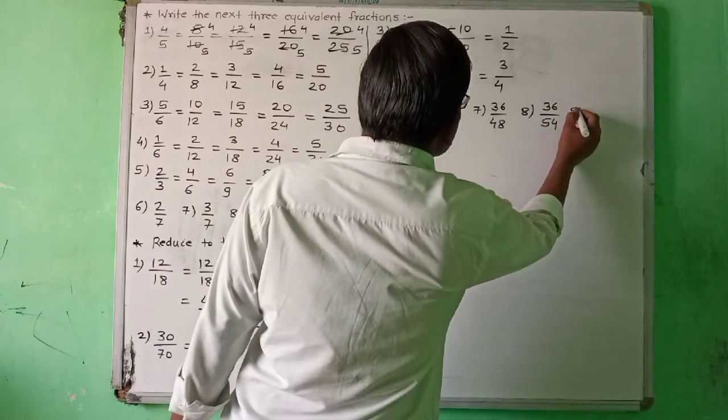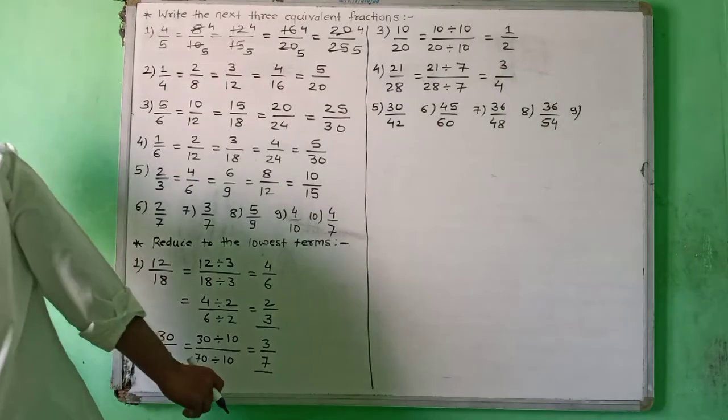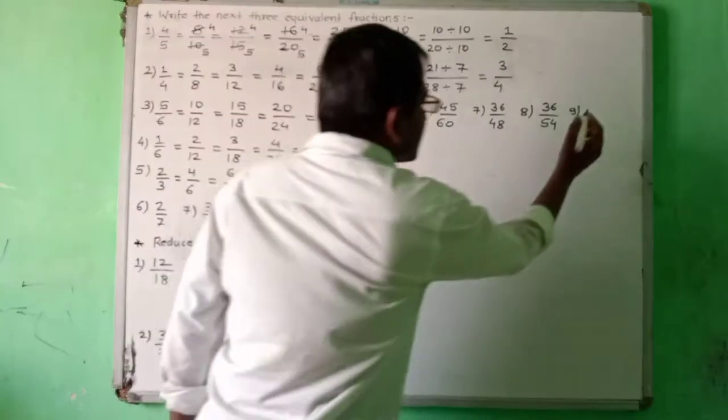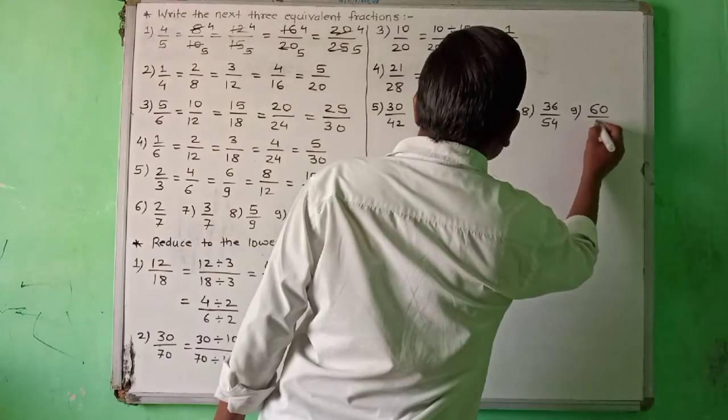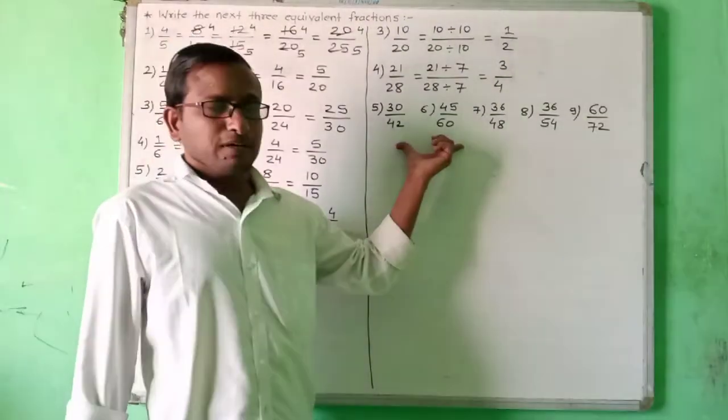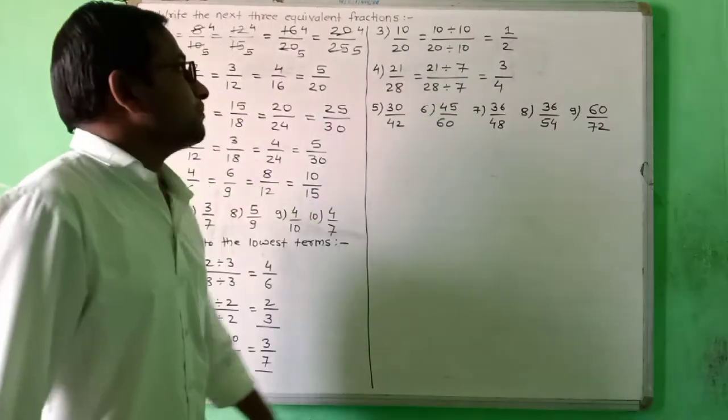And 9th, 60 upon 72. So in these examples, you write down the lowest form.